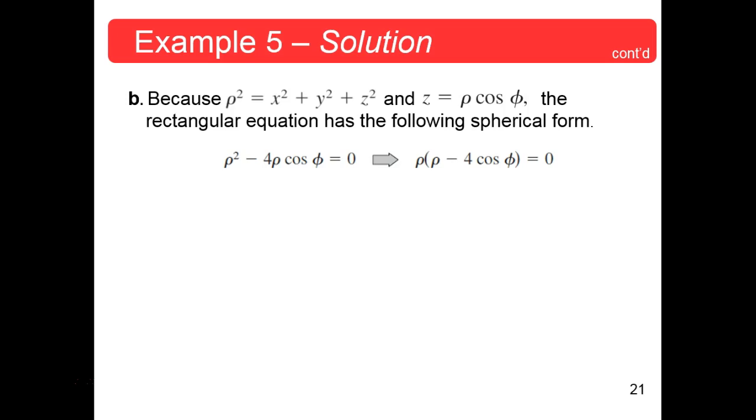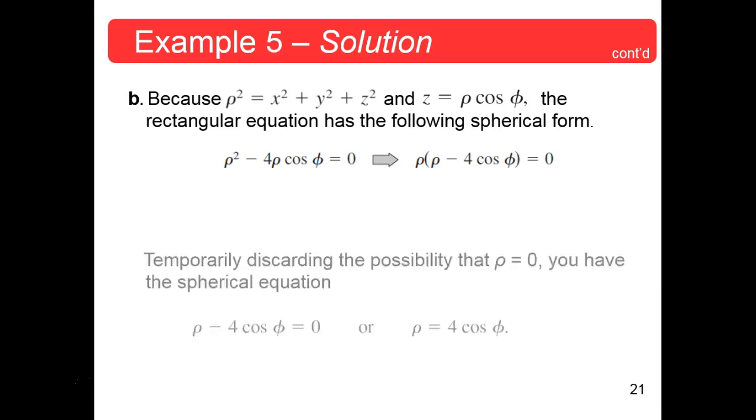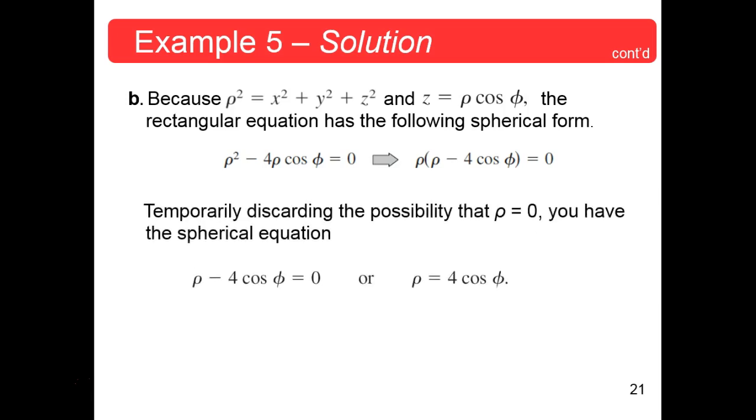Factor out a rho, and you have rho times rho minus 4 cosine phi equals 0. So either rho is equal to 0, which isn't very interesting, or rho is equal to 4 cosine phi. We'll discard the possibility that rho is 0, so you would have rho equal to 4 cosine phi.